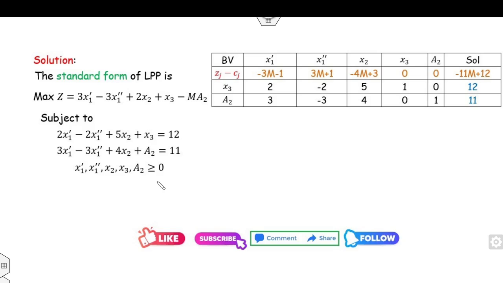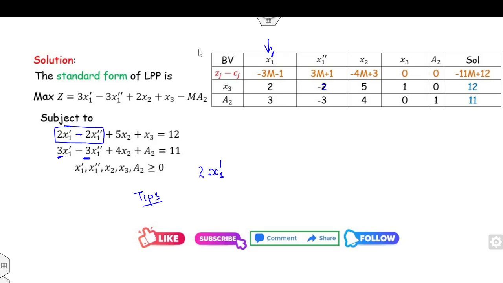Fine. One more way you can think about the problem. You can see these values. That means if the coefficient of x1' is 2, this is minus of 2. If it is 3, it's minus 3. So whatever value you have obtained corresponding to x1', the negative value you can obtain in the column x1''.